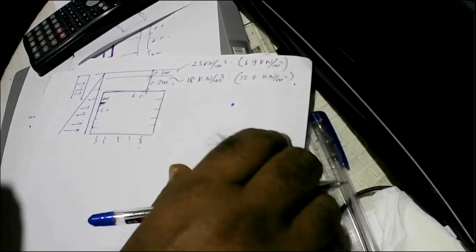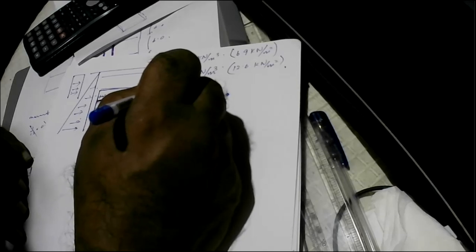And in addition to that, you get a lateral pressure. I have considered the height of the first element as 1.5, which should have been 1.8, so we'll live with that. So here 1.5 into 18 into 0.6 will give you a value of 16.2.